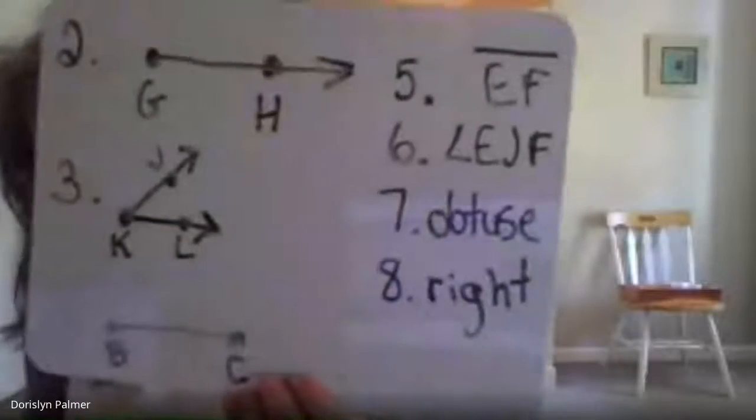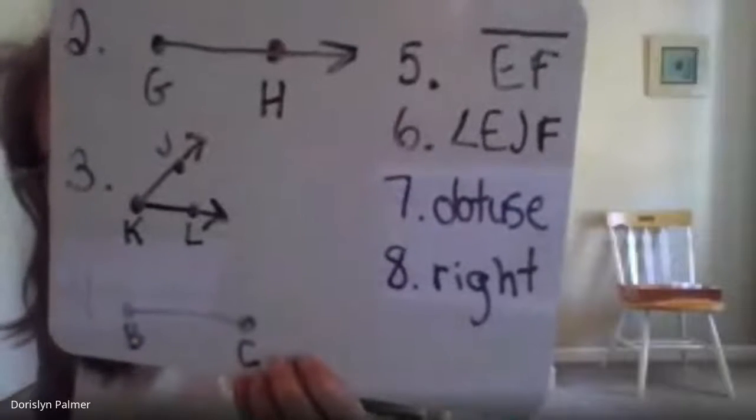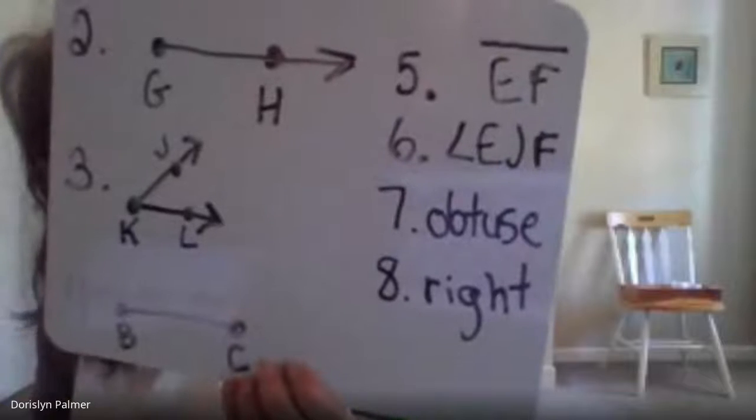Okay. Number 9, name 2 acute angles. Taryn, can you name 2 acute angles from that figure? CFD and BFD or BFE. So you said angle C. What was the first one? CFD. BFD and then BFE. I'm sorry. Can you say the last one again?